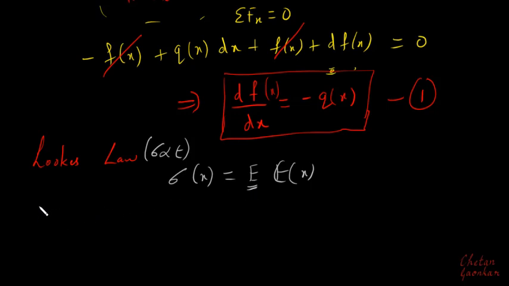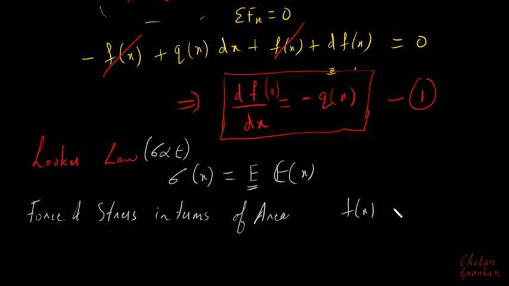Also the force and stress relation in terms of area is given as force is area times stress. We must be knowing it as stress sigma equals force by area.